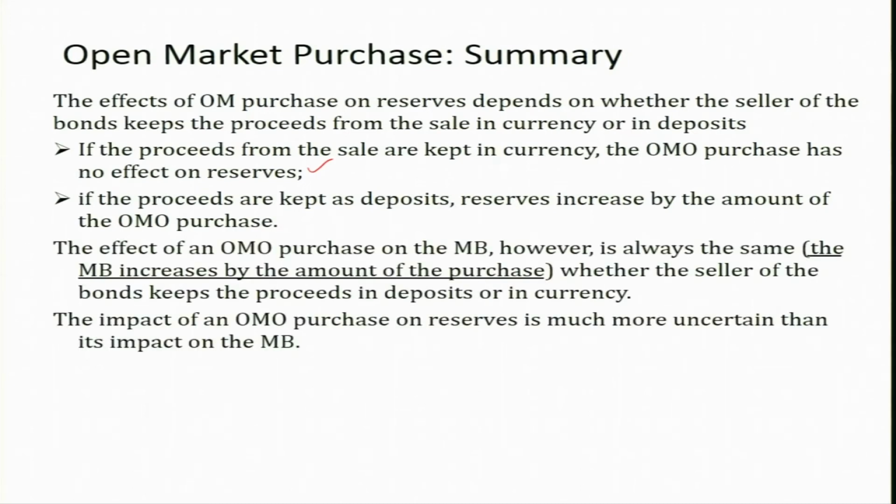The effect of an open market purchase on the MB, however, is always the same. That means MB increases by the amount of the purchase, whether the seller of the bonds keeps the proceeds in deposits or in currency. So, to summarize, the impact of an open market purchase on reserves is much more uncertain than its impact on MB.